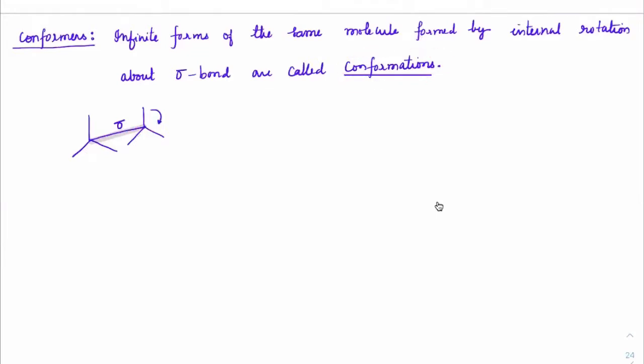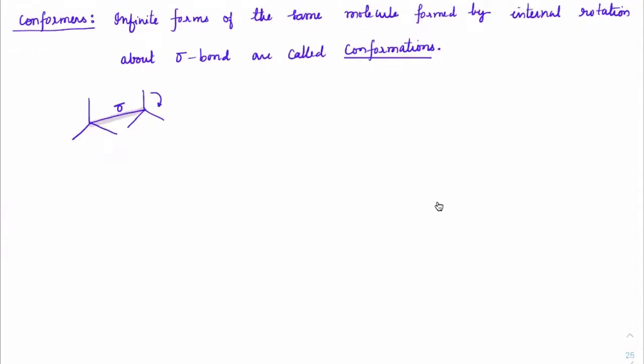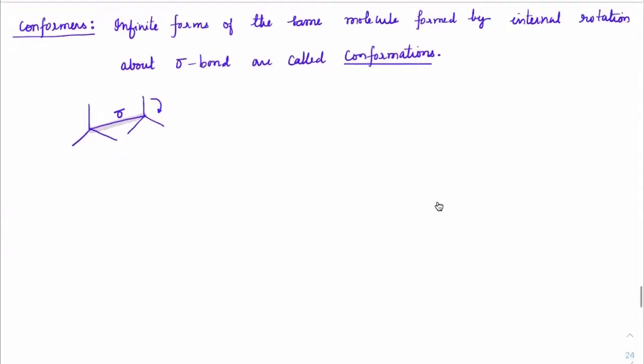Out of all these conformations, there would be minimum potential energy which is present, or maximum potential energy which is present, which means there would be significant energy difference between certain two molecules. Those are called conformers. Right? So let us write down that.